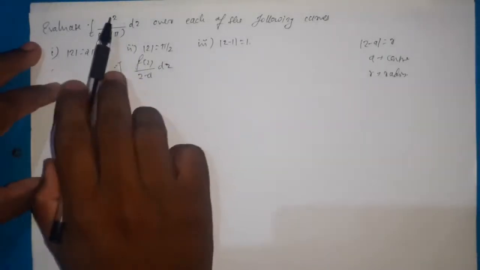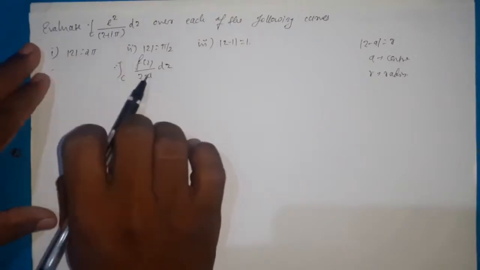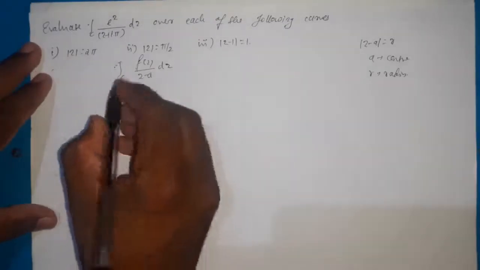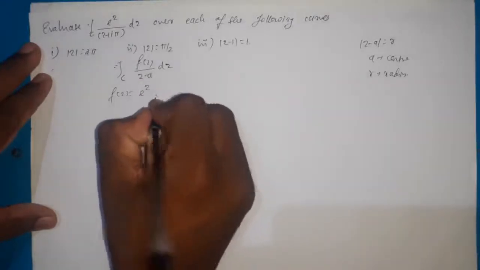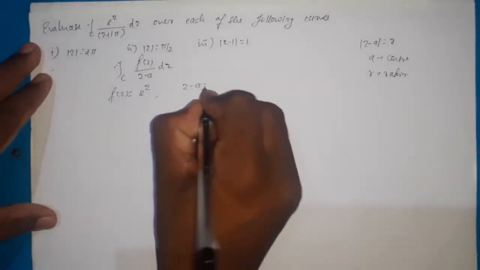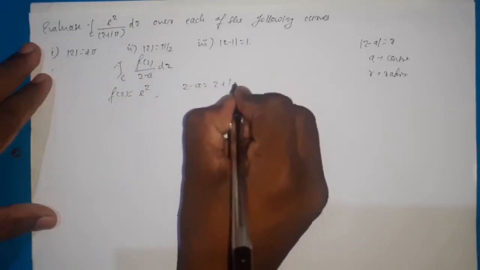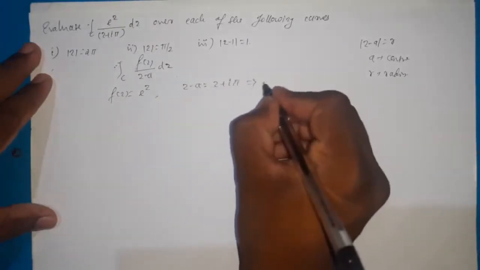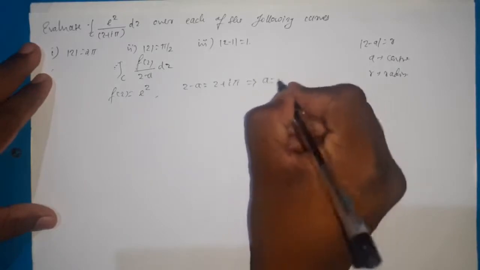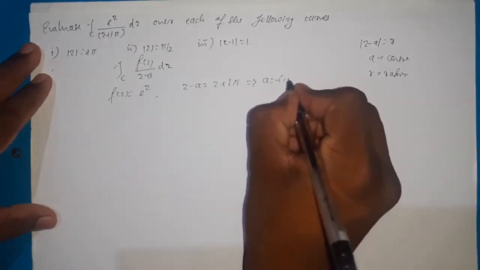So on comparing the given integral with the standard one, we can write that f of z equal to e power z and z minus a is equal to z plus I pi.